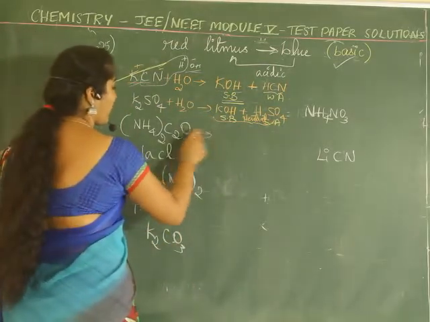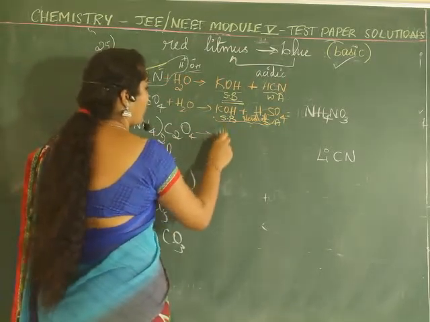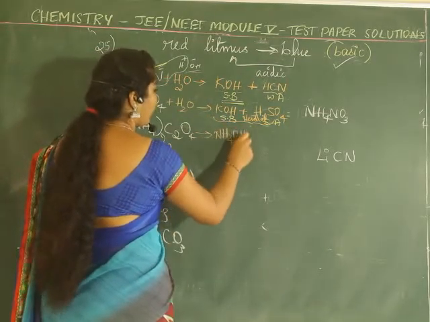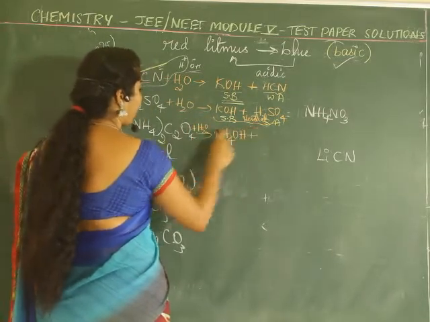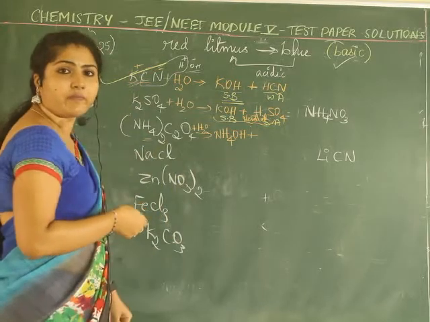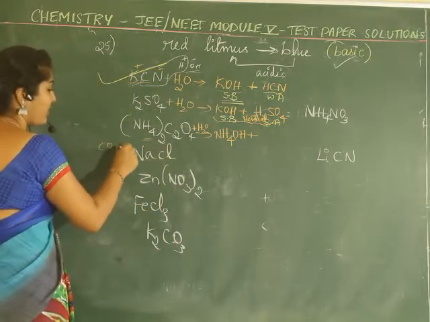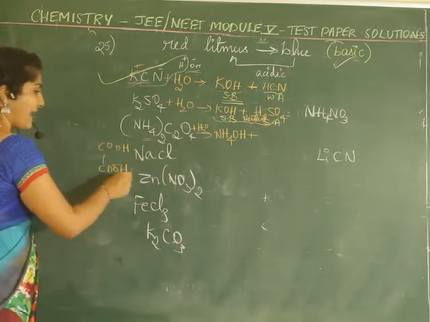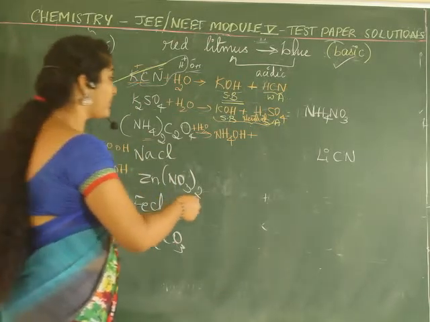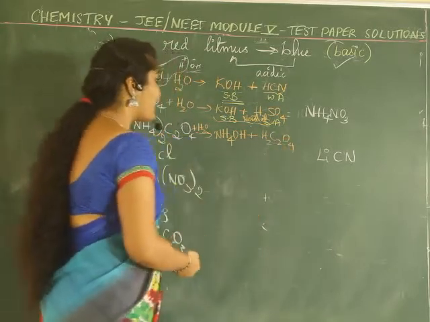Next one, ammonium oxalate. When you dissolve it in water plus H2O, you get ammonium hydroxide plus oxalic acid. You know how to write this: COOH, COOH, oxalic acid, H2C2O4.